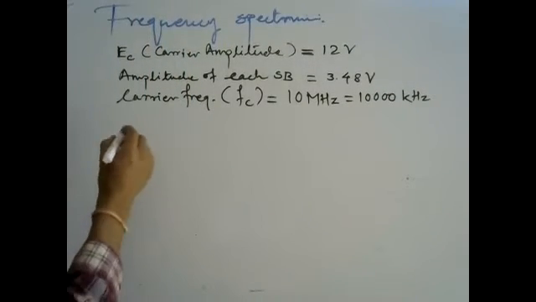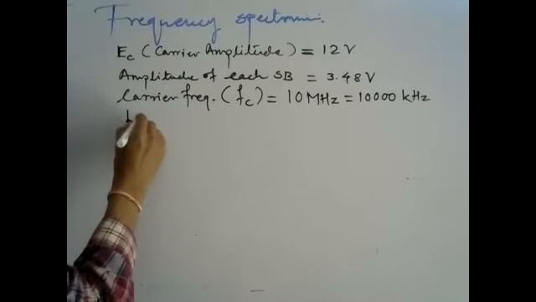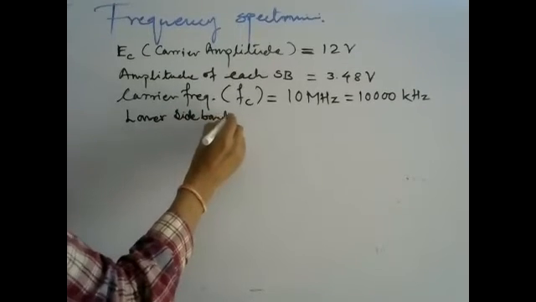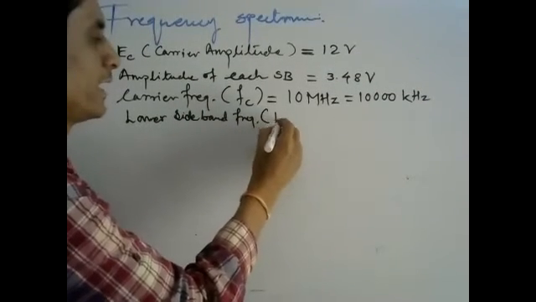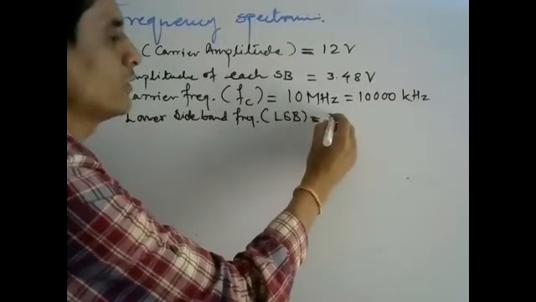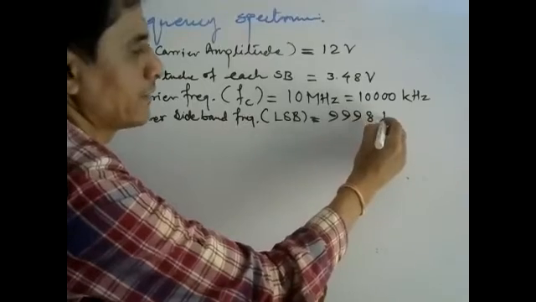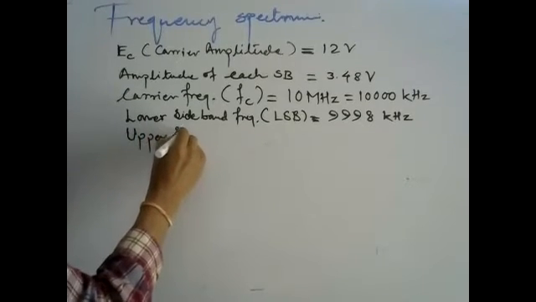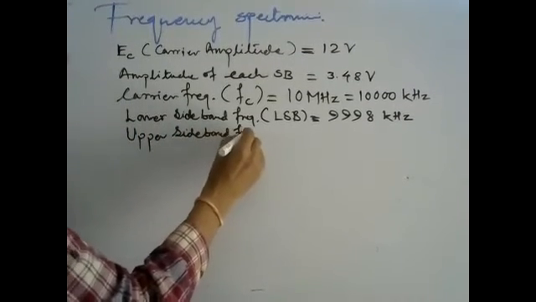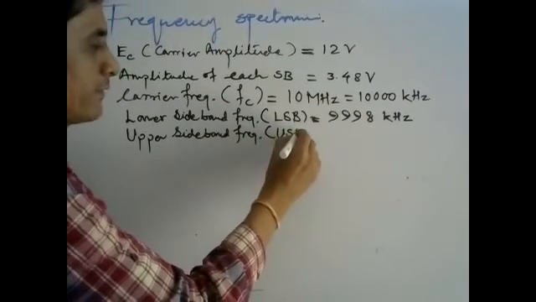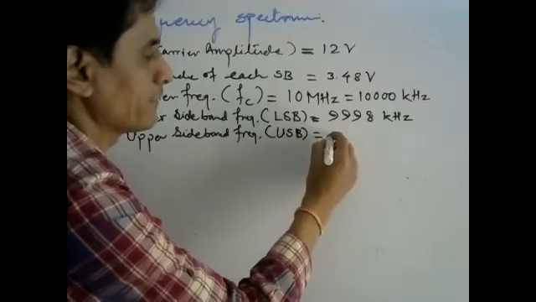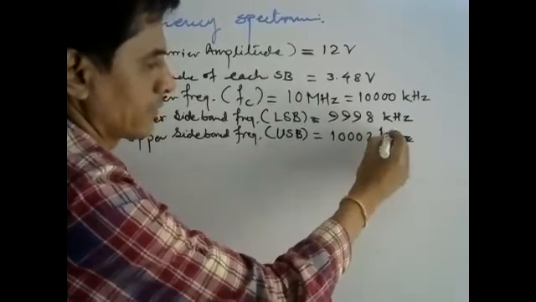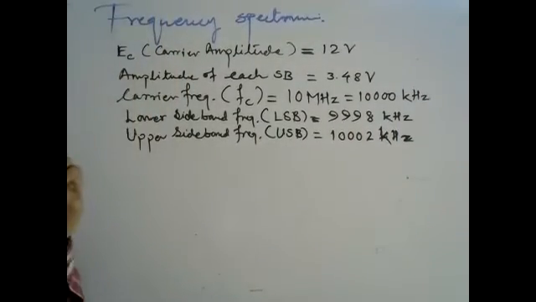What is the lower sideband frequency, the LSB? 998 kilohertz. And the upper sideband frequency, what is that value? Okay. So these are the requirements.